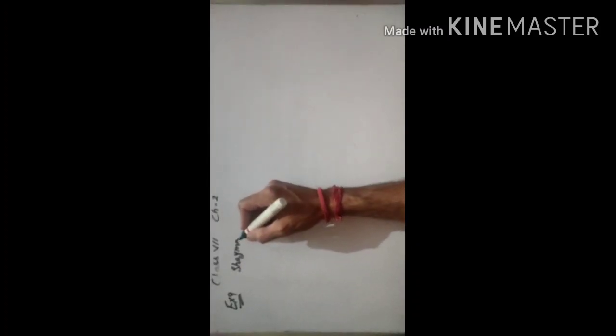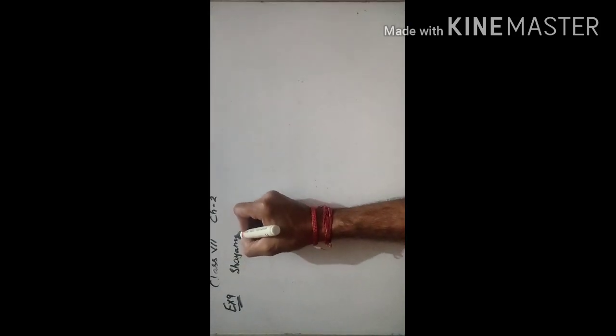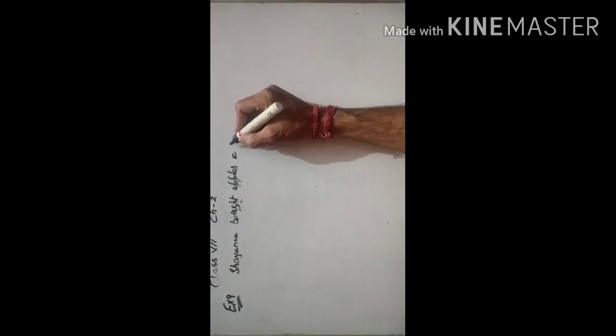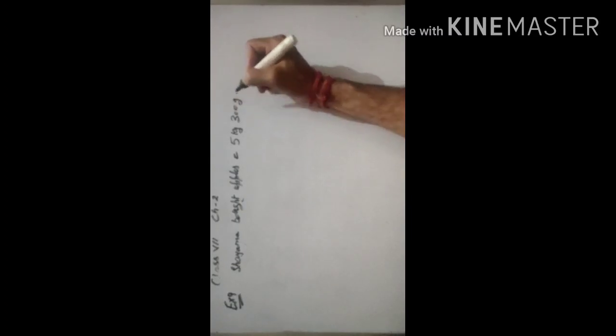Now Shama bought apples, equal to 5 kg 300 grams.